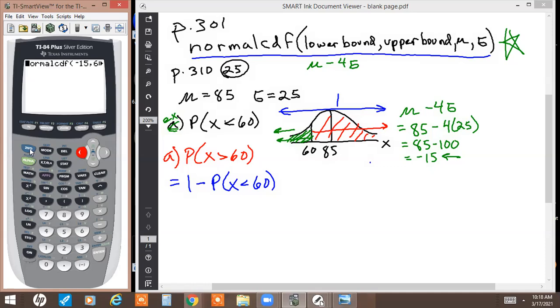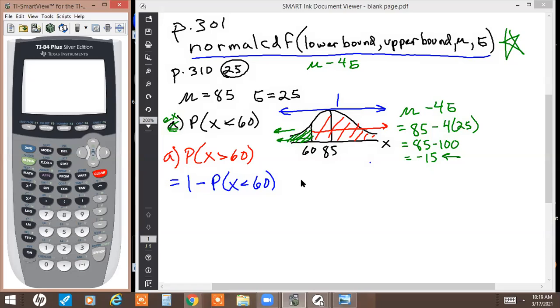Second insert. 1 minus. This is just acting up on me horribly. Let's do it a different way.